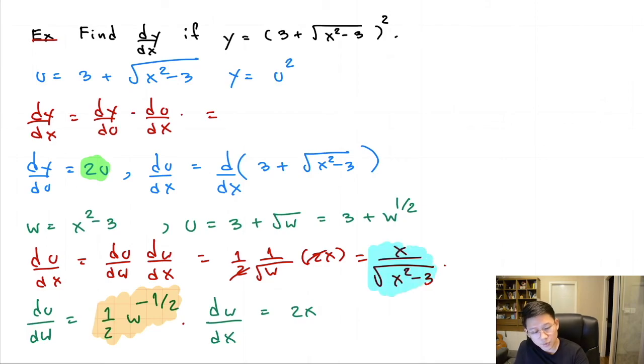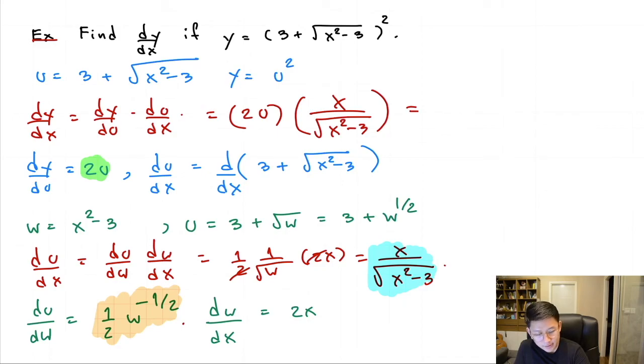So the answer would be 2u times x divided by square root of x squared minus 3, and that would be 3 plus square root of x squared minus 3 times x divided by square root of x squared minus 3.